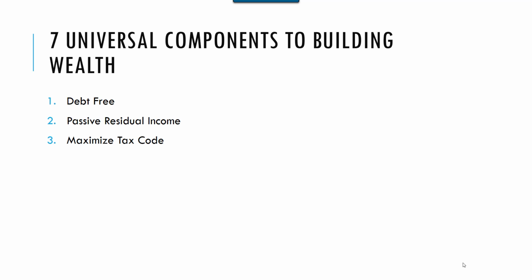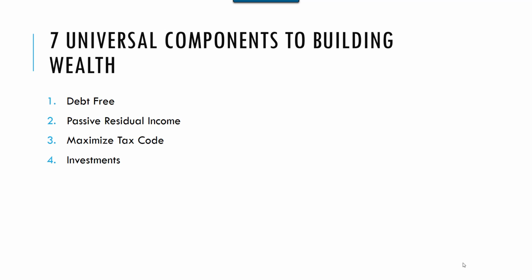The third component to building wealth is to maximize the tax code. It is evident that the tax code is designed for those individuals who are going to create wealth. Generally, business owners, being able to use deductions and exemptions to keep more of your money in your pocket versus giving it to the federal government. The fourth component is having a well-rounded amount of investments.